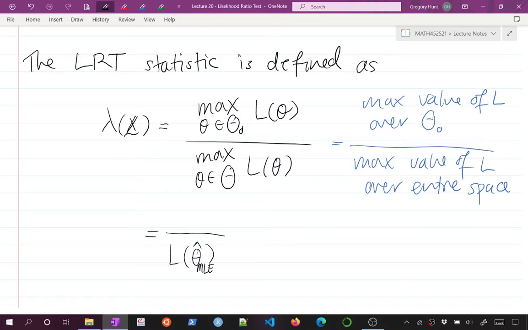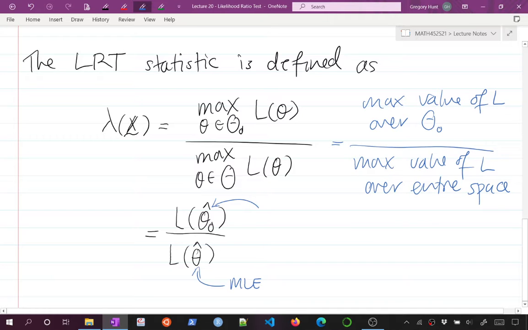And the top you can think of as L of, let's call it theta naught hat, and typically we drop the MLE. So let's just say theta hat is the MLE, and the top is L of theta naught hat, where theta naught hat is the MLE over the space theta naught. When you find the MLE, you find it over some set you maximize over.